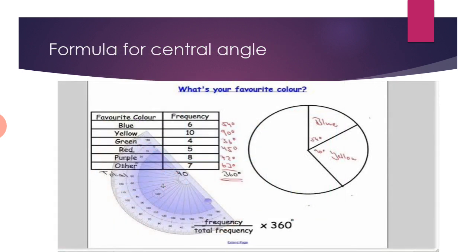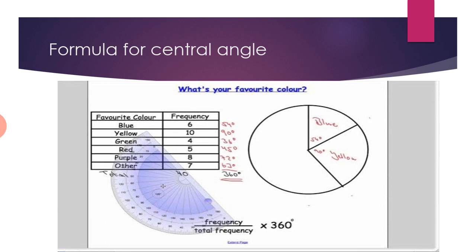Now suppose I have given you a question here, what's your favorite color? Okay, now people have given their answers. So blue, 6 people like blue, 10 people like yellow, 4 people like green, 5 people like red, 8 like purple, and 7 like other colors. So the first thing is, like we had done in the previous pie chart, the total was 24 hours.